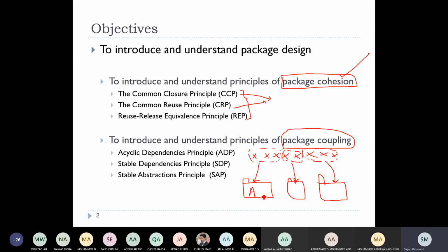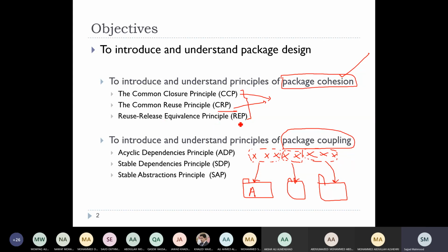Usually when your system is still going through a lot of changes, it's better to package your system following the CCP principle, so the classes you put together in a package are the classes that change together. Then when the system becomes more stable, you can always refactor your packages and apply the CRP principle to make it more feasible to use.